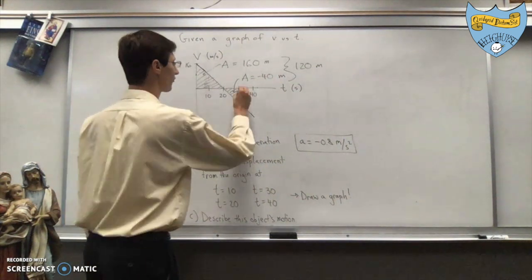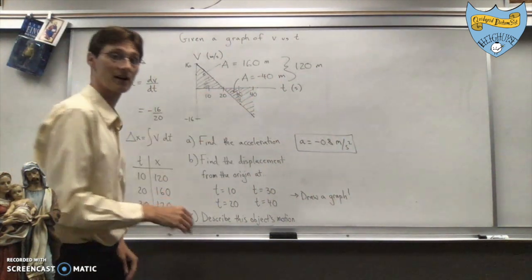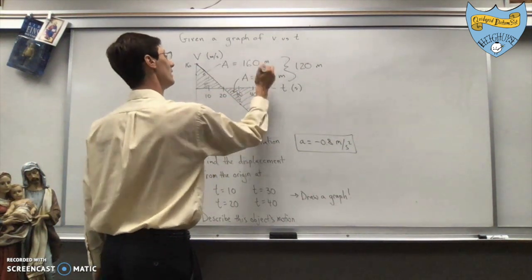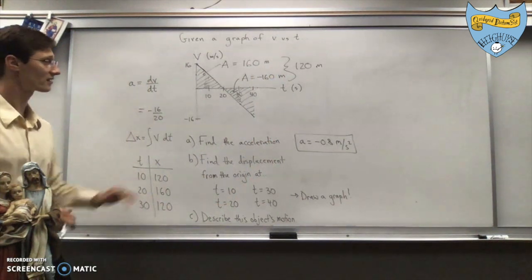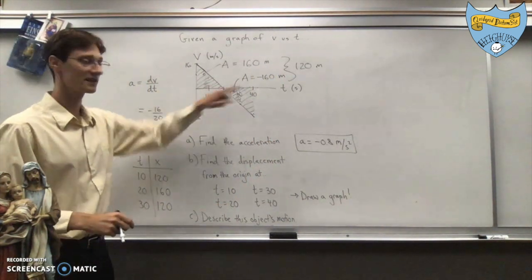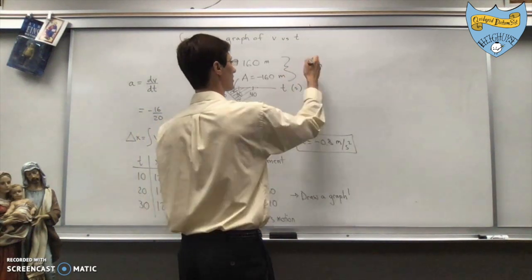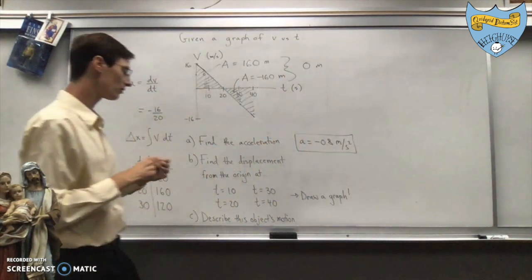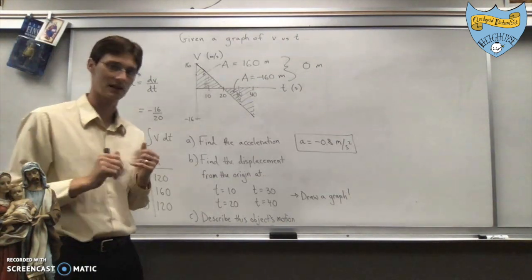At t equals 40, this negative area is now negative 160, which means that at 40 seconds, it has returned to its starting position. So the total displacement over this 40-second time interval is in fact 0.